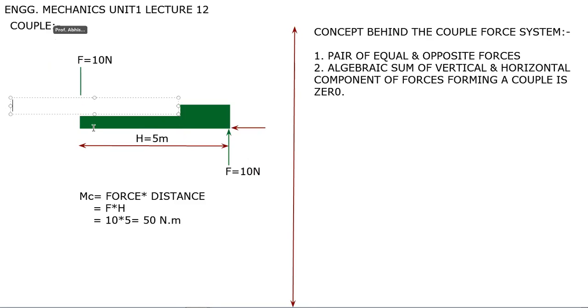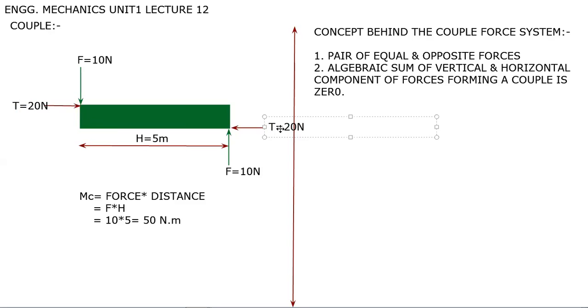Now suppose this force T is equal to 20 Newton, and here also this force T is equal to 20 Newton. These two forces cause a couple because they are acting at an equal distance from this center.